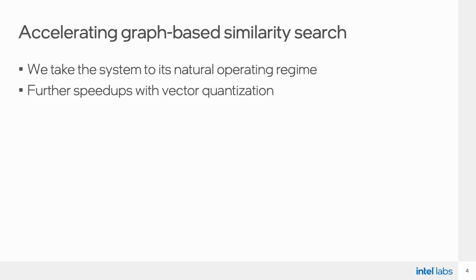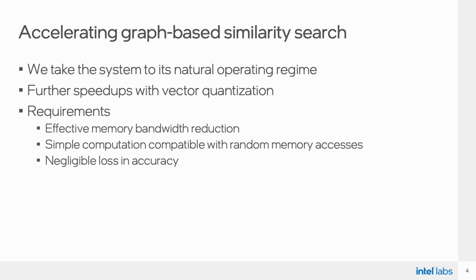However, since fetching these vectors is still the main bottleneck, we can further accelerate the search by compressing the vectors themselves. To be successful in our setting, a compression technique must compress the vectors, which reduces the effective bandwidth of the algorithm, provide accelerated distance computations when vectors are accessed in a random order, and, obviously, do not introduce distortions that would severely affect the quality of the search.